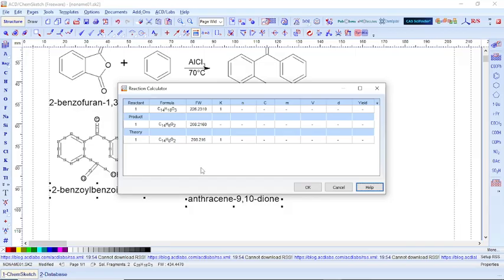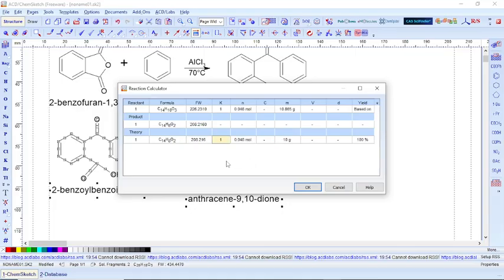So remember, we are saying let's use 10 gram as my theoretical yield. So once I come to my mass, under the theory, once I click on the mouse, type 10. I need 10 grams and click outside.